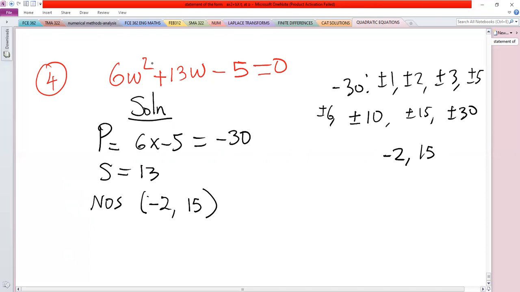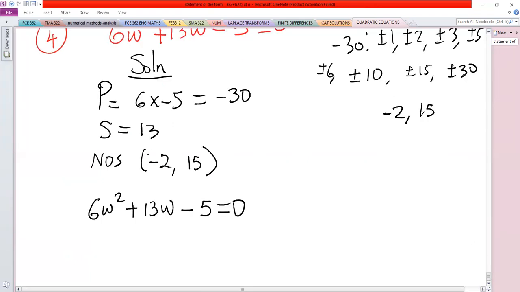So we'll write this 6w squared plus 13w minus 5 equals 0 as 6w squared minus 2w plus 15w minus 5 equals 0.